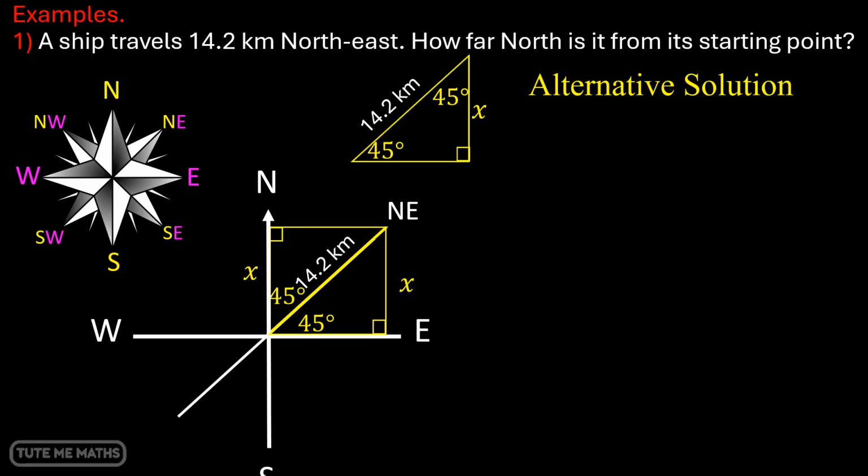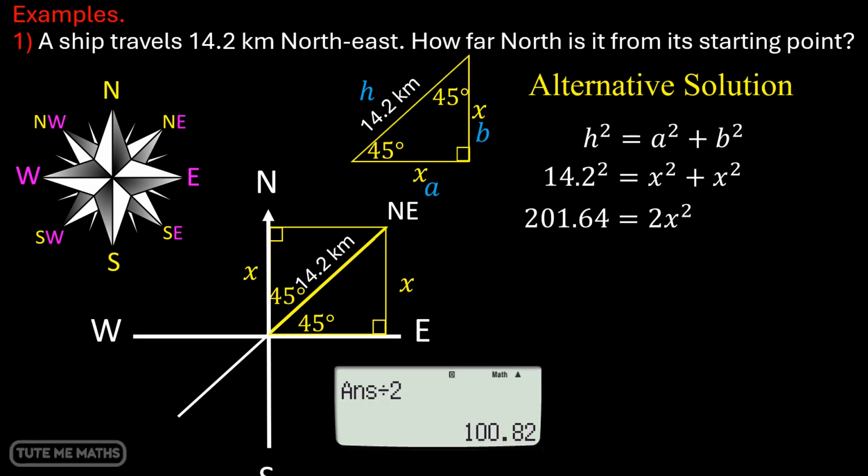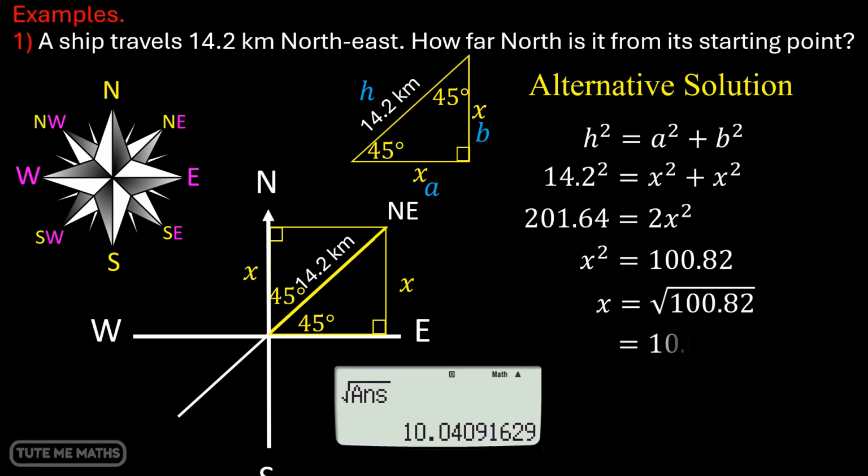Two equal angles means we have an isosceles triangle, with both these sides equal to the as yet unknown value of x. Substituting into Pythagoras' theorem gives us this, so that 2x squared is 201.64. Halving this is 100.82, and finding the square root reveals x is 10.0, correct to one decimal place, as before.